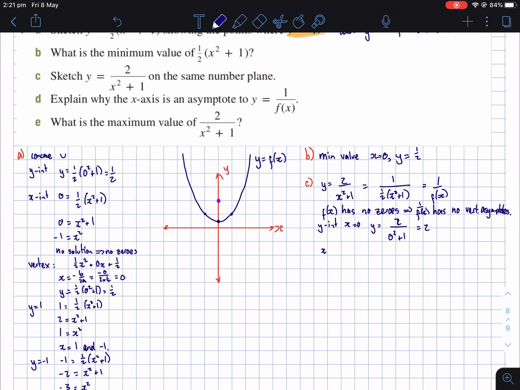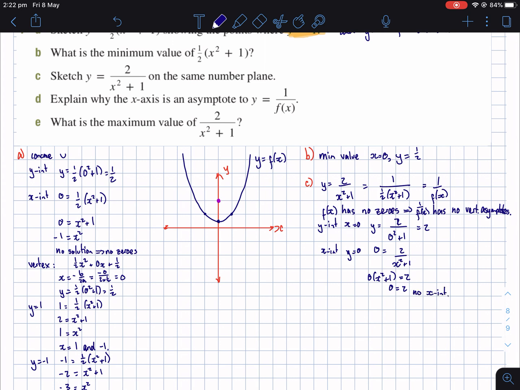X-intercepts, let's see if it exists. So can we do 0 equals 2 over x squared plus 1? That would mean 0 lots of x squared plus 1 equals 2, so 0 equals 2, no x-intercepts.